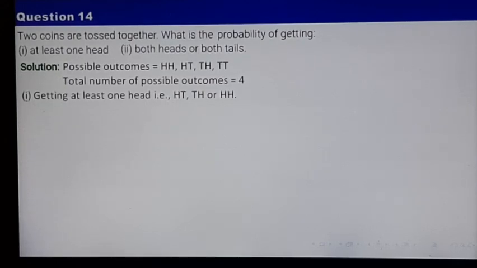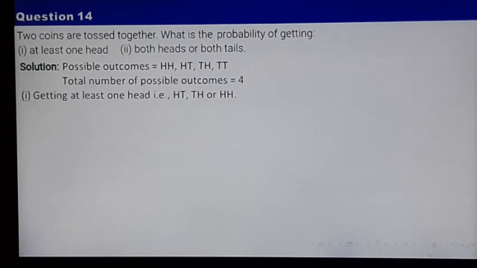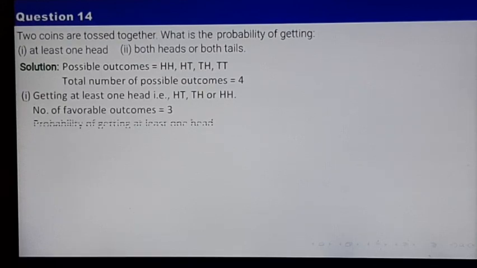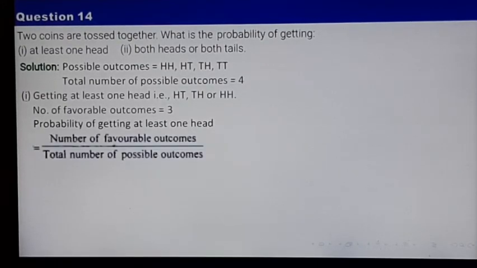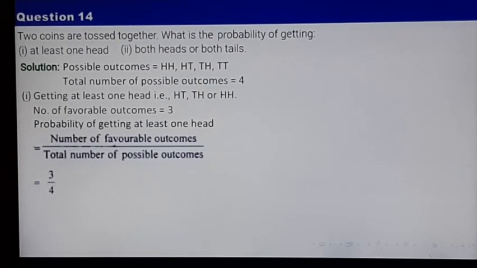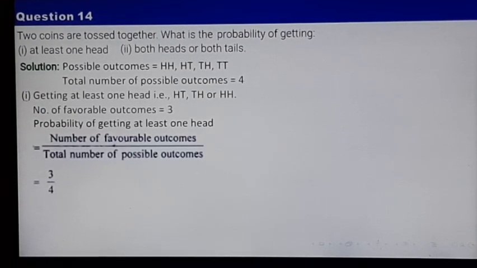Here it is for sure that the highest value will be 2 heads. So my possible outcomes will be this one, and this one. So the number of favorable outcomes is 3, right? So the probability of getting at least one head will be, using this formula, 3 by 4. Okay, so we are done with the first problem.